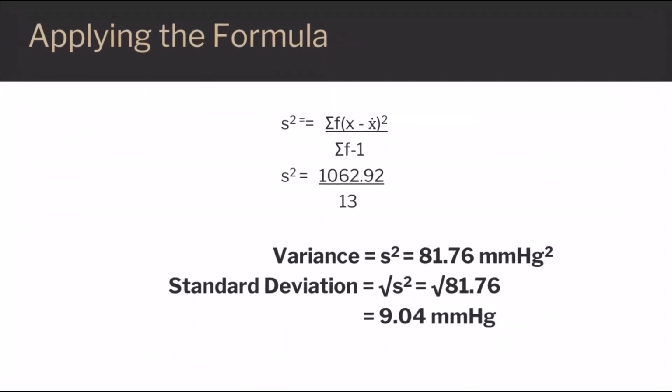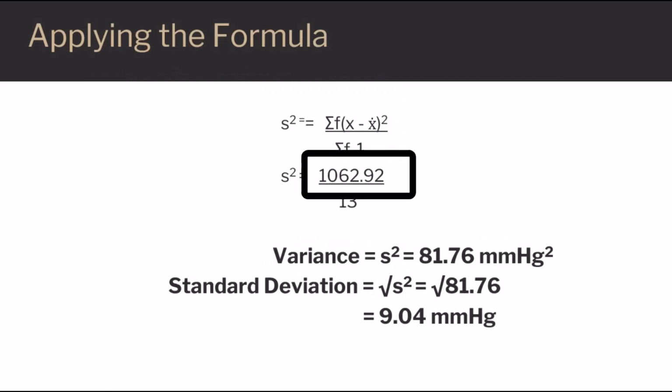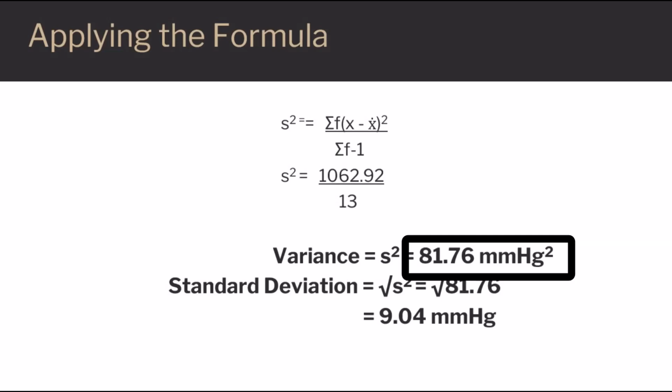Using the formula, you have the sum of the last column on top, which was 1062.92, and the number of values minus 1 on the bottom, which is 13. When you put this into your calculator, you have the variance is 81.76 millimeter mercury squared.